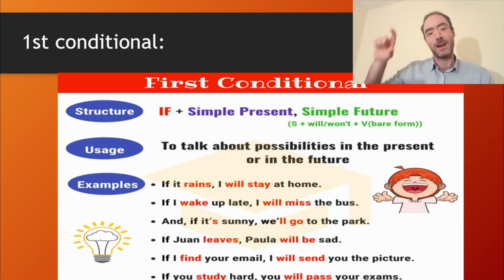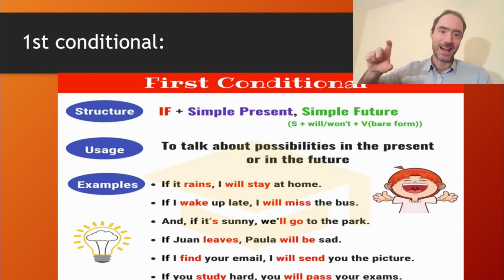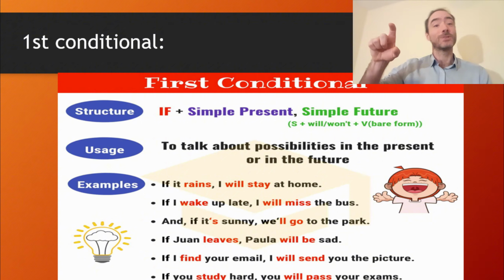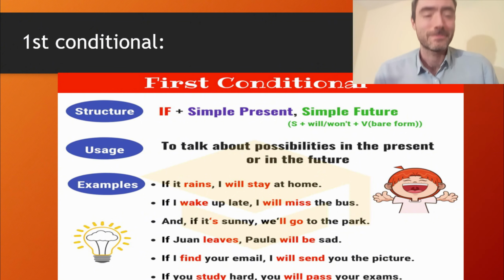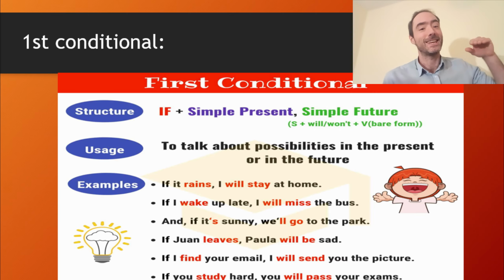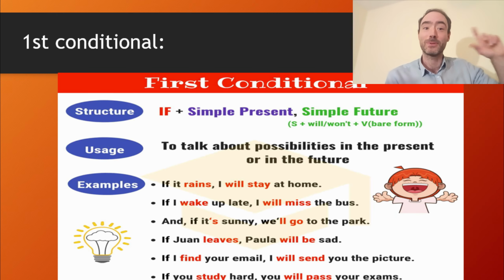So it's if I am, if he is, if I go to the supermarket, I will buy eggs. So the second part of the sentence is simple present plus will. So if this is true, I will do something. If I answer the phone, I will say hello. Okay, so that's the first conditional.